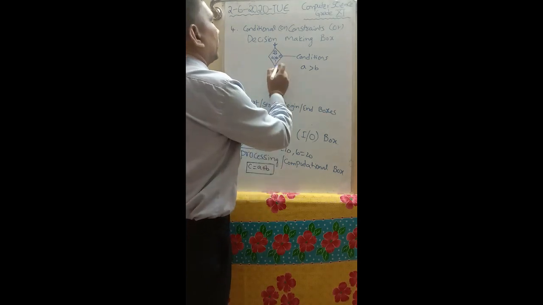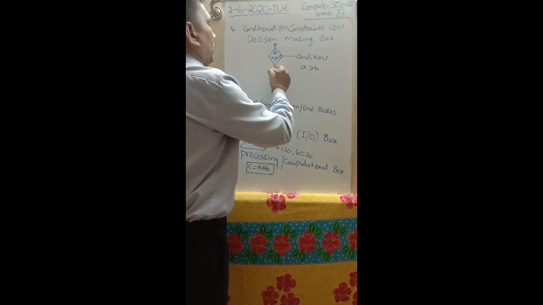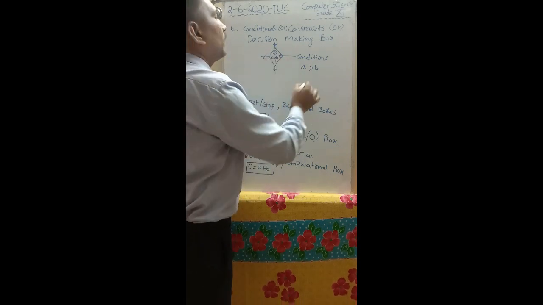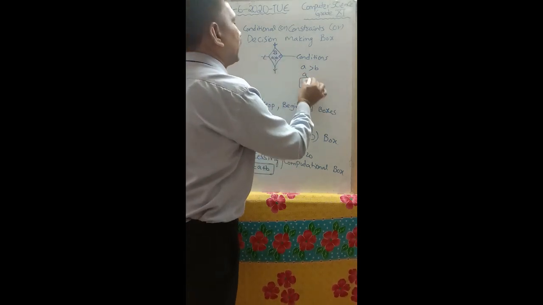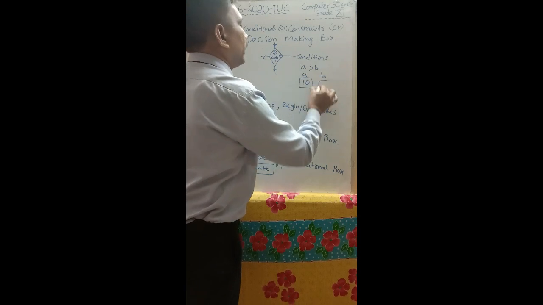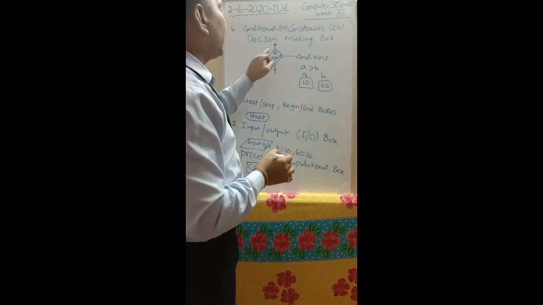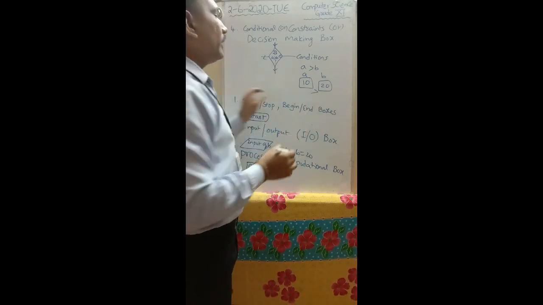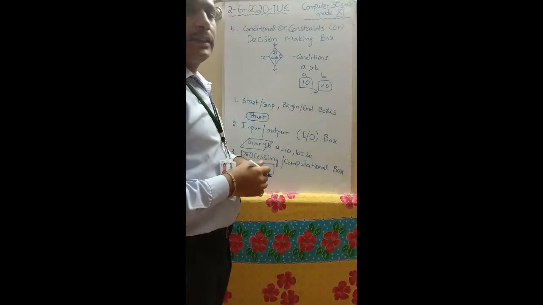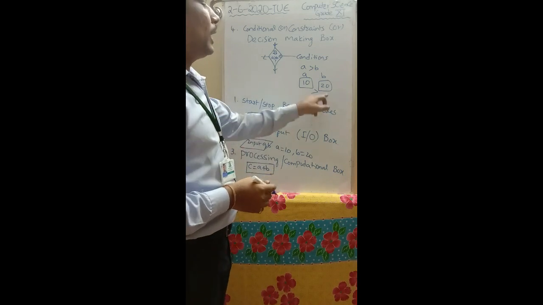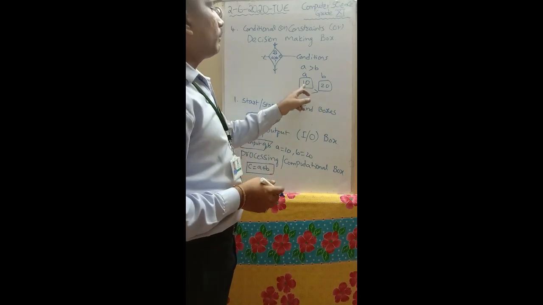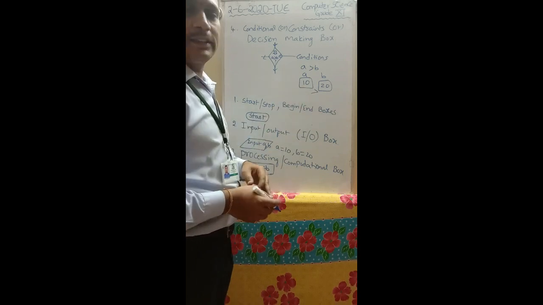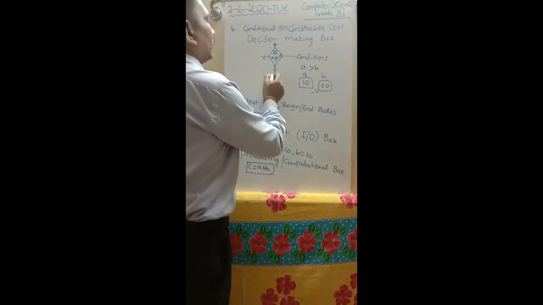Next, it returns either yes or no. It compares both A and B. For example, A is 10, B is 20. It compares A is greater than B. So is 10 greater than 20 true or false? It returns either true or false. Here 10 is greater than 20 is false. That's why it returns false.